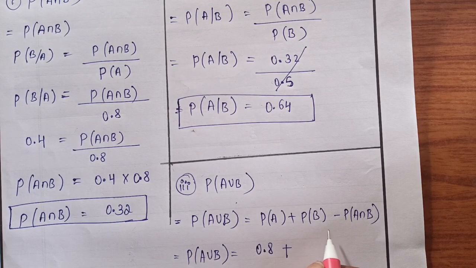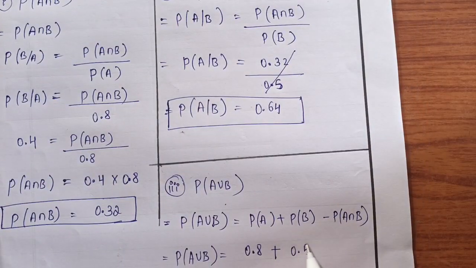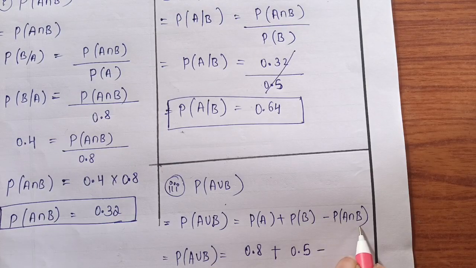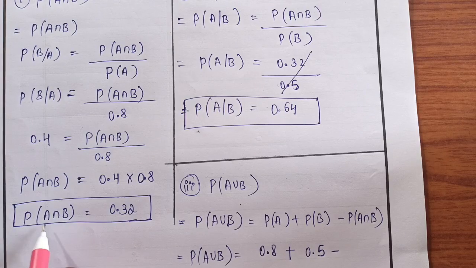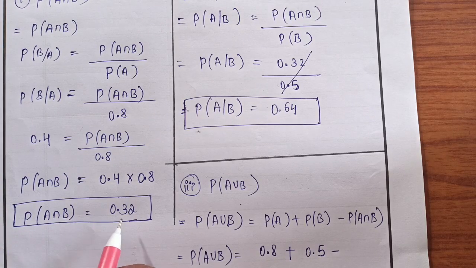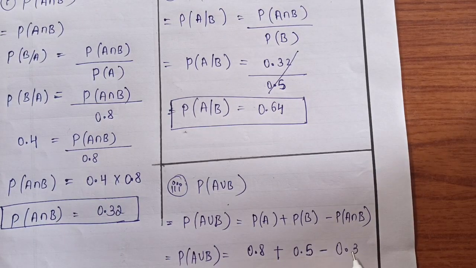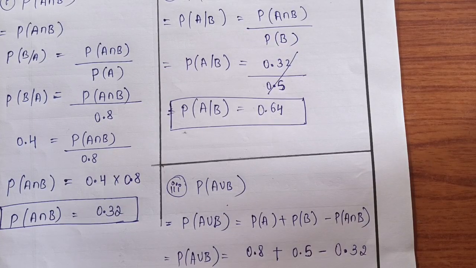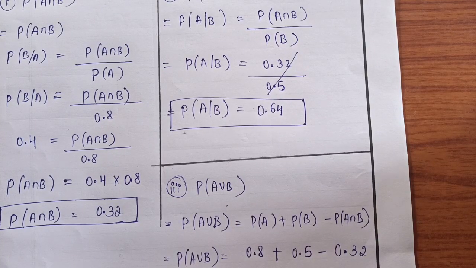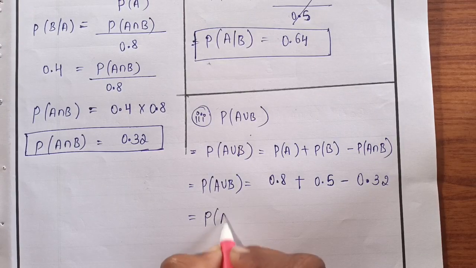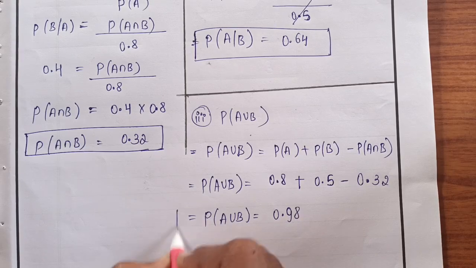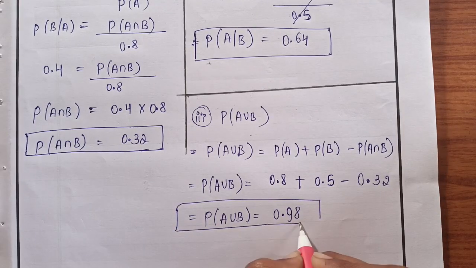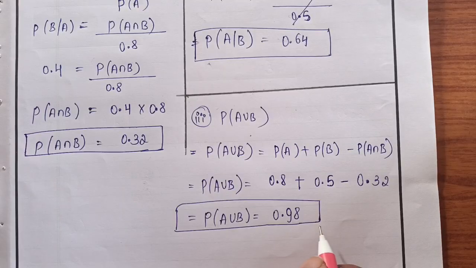The value of probability of B is 0.5, minus probability of A intersection B, which is 0.32. So probability of A union B equals 0.98. So the answer is, probability of event A union B is 0.98.